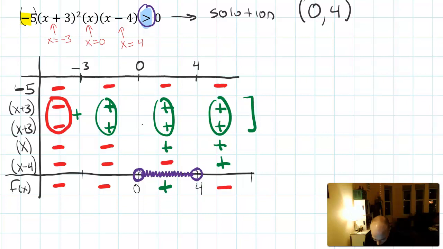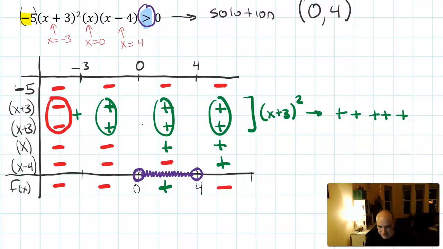I could have just made a line that was x plus 3 quantity squared and put positives all across the row. Because that x plus 3 term with a square on it is never going to contribute a negative to the sign chart. It's always going to be positive. You could even not write it, although I would recommend you write the factor, even if it is always going to contribute a positive.